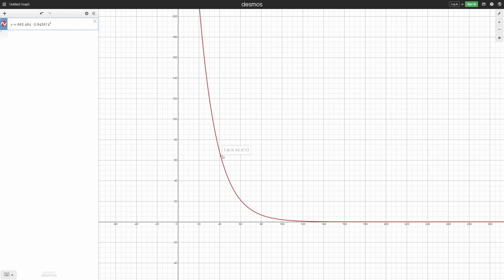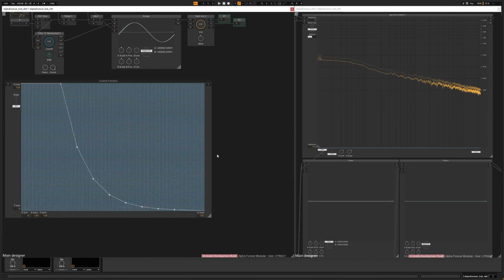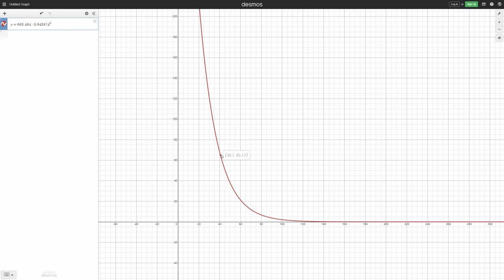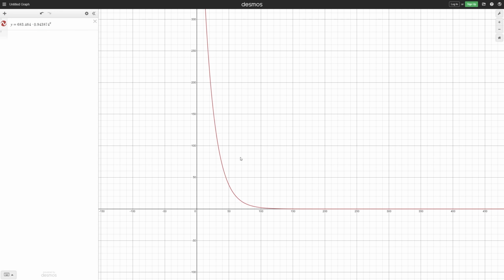It definitely is on a different place. It's 40. 64, 41. Oh, it's matching. Okay, then it's okay. I don't know what I was looking at, but this is nice.